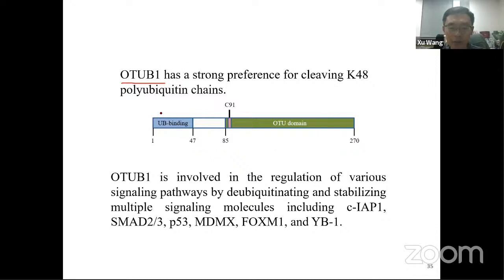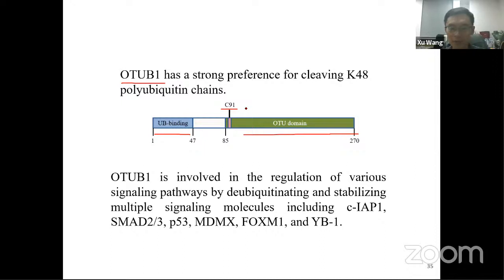OTUB1 has an N-terminal ubiquitin binding domain and a C-terminal OTU domain. The C91 residue, the cysteine 91 residue, is required for the deubiquitinase activity of OTUB1.